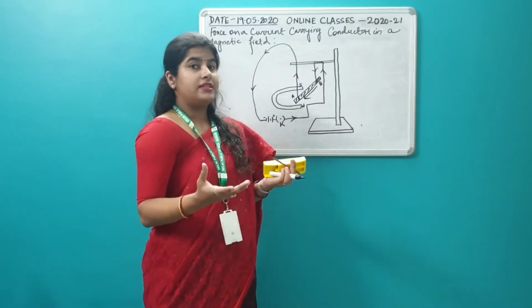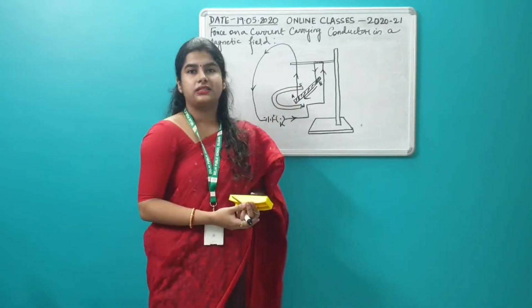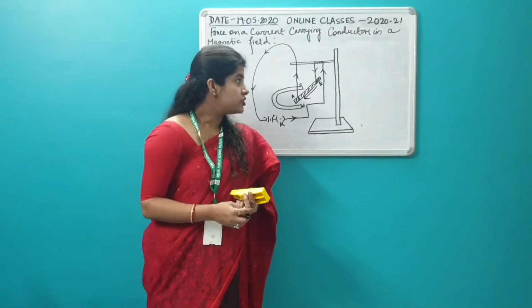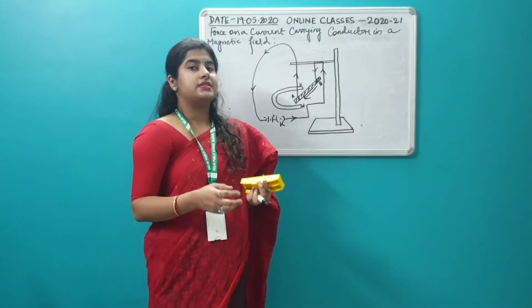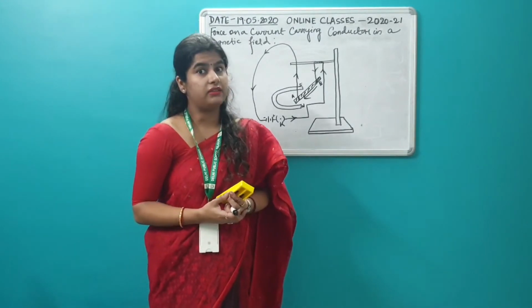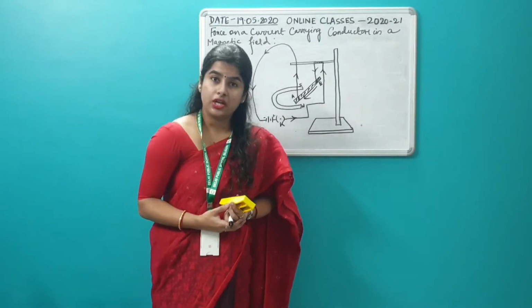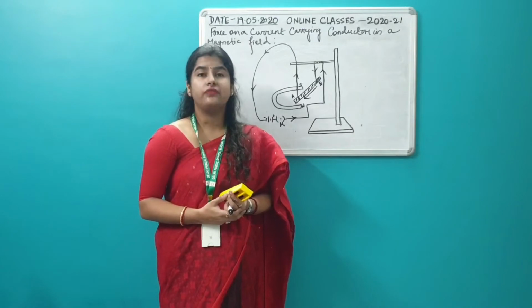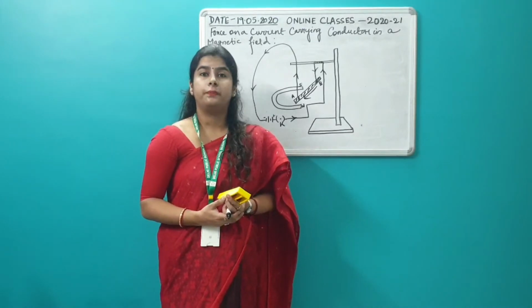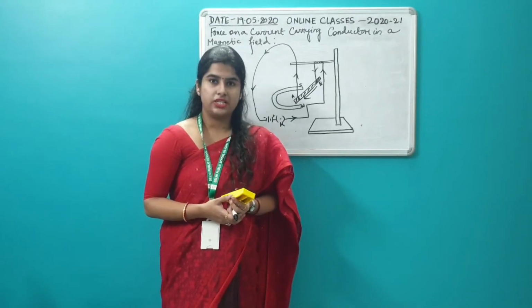That was because of some kind of force due to this magnet. The displacement was maximum when the direction of the current and the direction of the magnetic field were perpendicular, at right angles to each other.